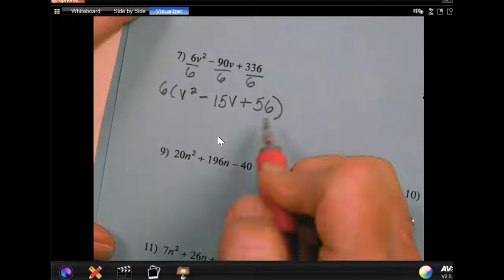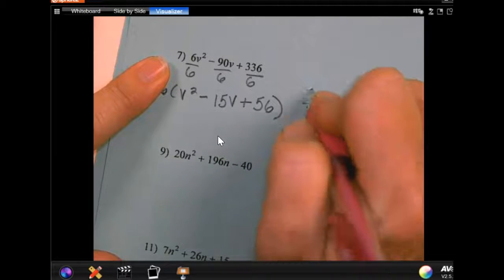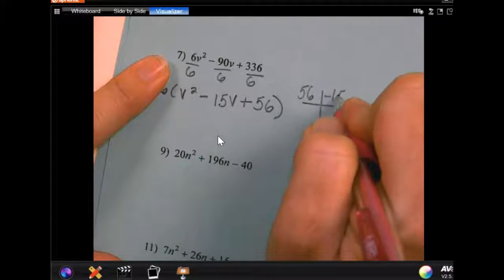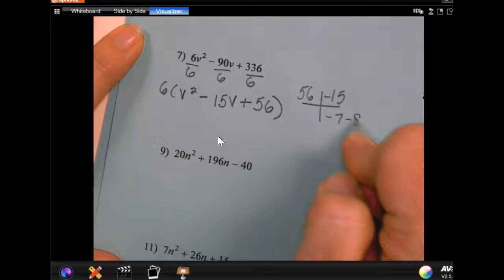And once we factor, then we just look inside the parentheses. So the a times c is 56, and the b is negative 15. What do you think? Negative 8, negative 7. Thank you very much.